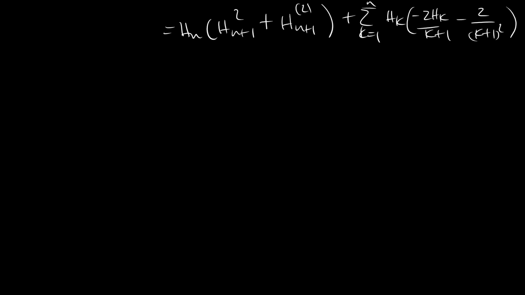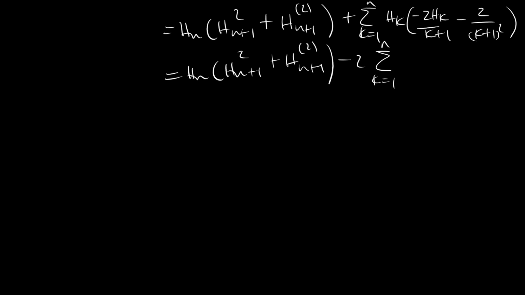We can pull the negative 2 out, so we have hn, and we multiply across, so we have hk squared plus hk over k plus 1 squared. Okay, so I think that's a lot of progress for now.